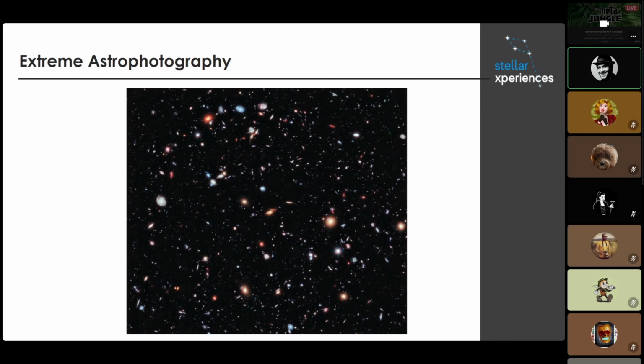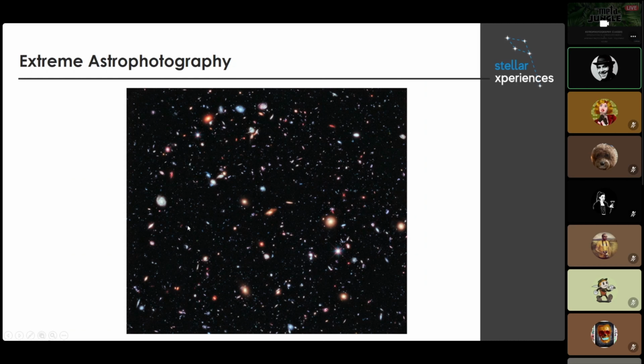What you're looking at is 10,000s of galaxies. Not one, not two, not a million, 10,000s of galaxies. Only one or two lights in this picture are stars, like this one, for instance. The rest are all galaxies.